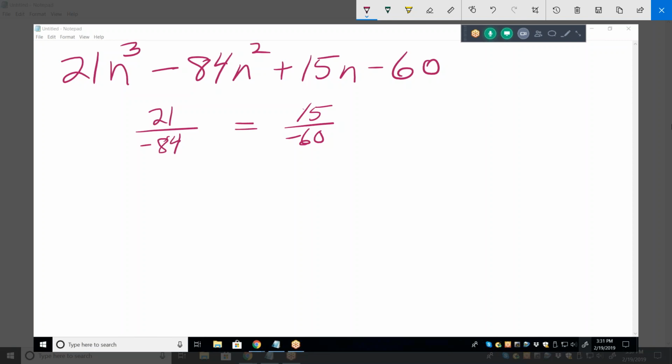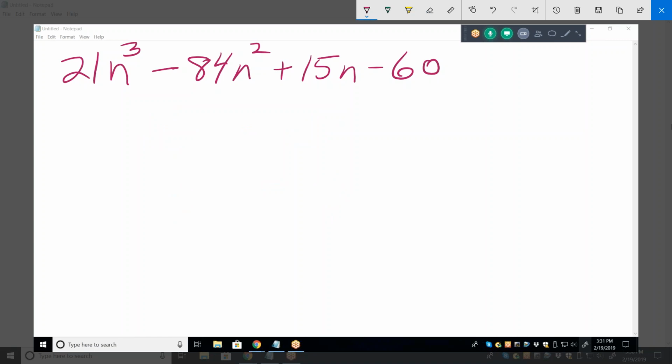Got to be exactly the same. Yes, that's negative 1/4. That's negative 1/4. So, it lends itself to grouping. In other words, we can solve this by grouping.